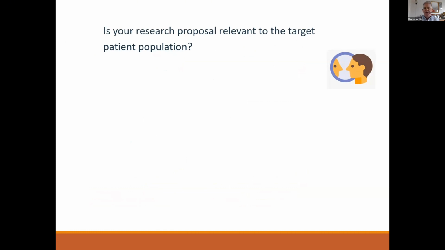So now I would like to invite you to think about the following questions. We haven't been able to make a kind of voting thing here, but maybe you can use the chat to give your answer. So the question is the following. Imagine that you are doing a study and you want to know whether your research proposal is relevant to the target patient population.